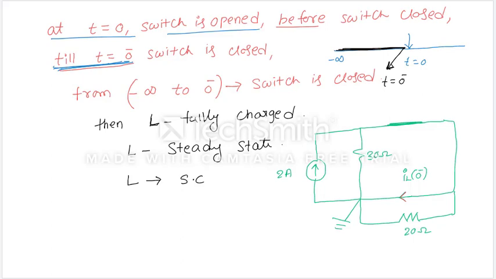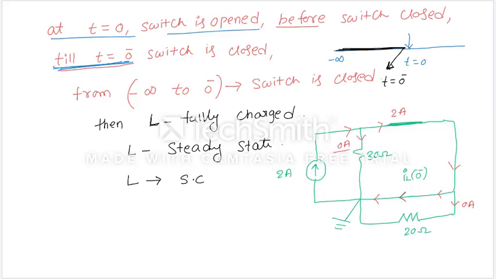This current is 2, and here we have a shorted path. The complete current will go only through it, and this current is 0, and this current is 0.